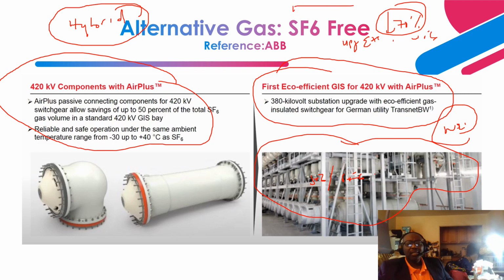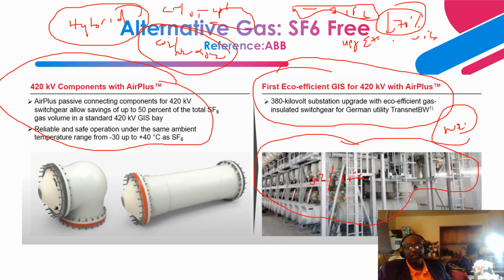Only the breaker compartment, the interrupting chamber, is utilizing SF6. All other passive components, the instrument transformers, CTs, VTs, and cable feeder compartment, all other components are utilizing carbon dioxide, nitrogen, and oxygen as SF6-free gas.